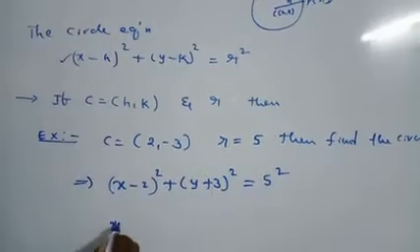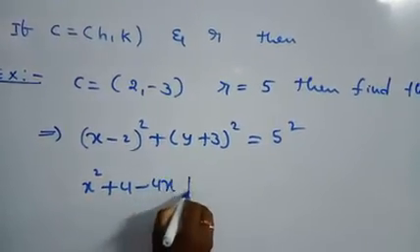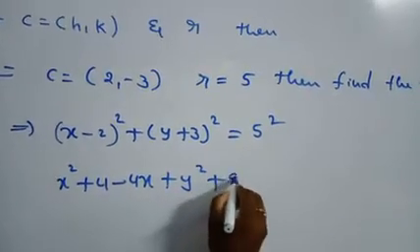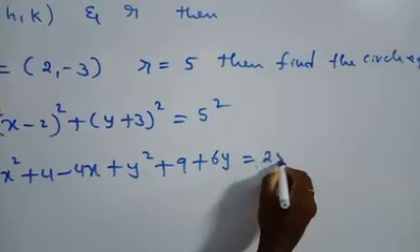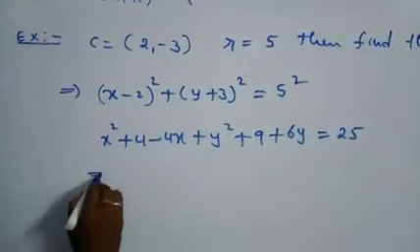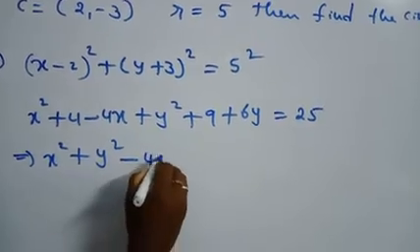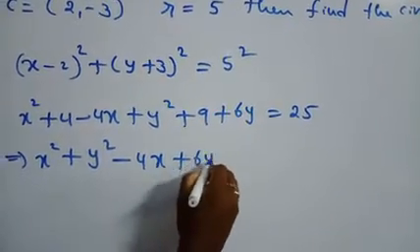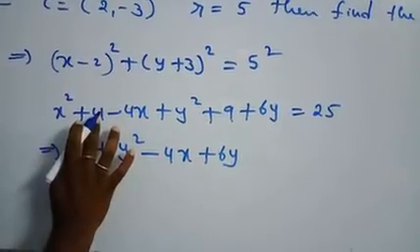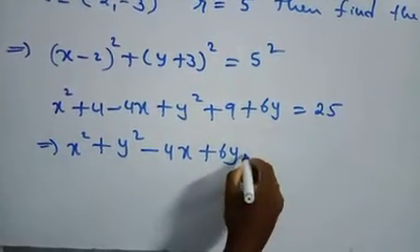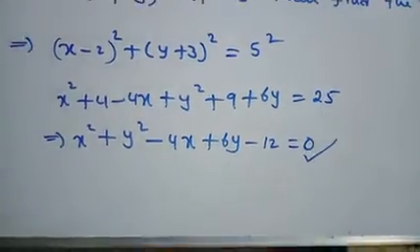So simplify: x square plus 4 minus 4x plus y square plus 9 plus 6y equal to 25. So the final answer: x square plus y square minus 4x plus 6y plus 9 plus 4, 13, minus 25, minus 12 is equal to 0. So this is the circle equation.